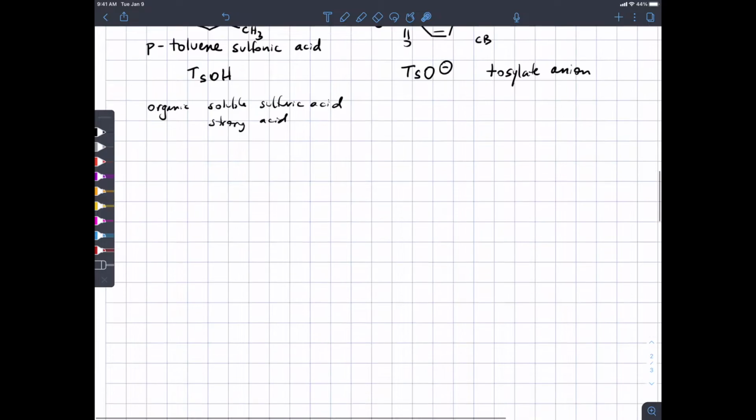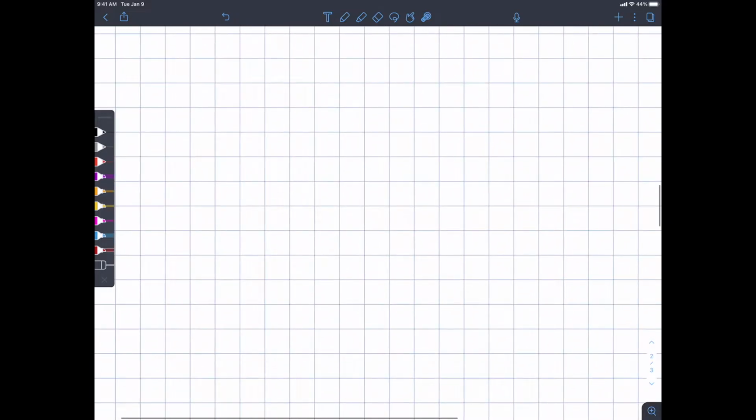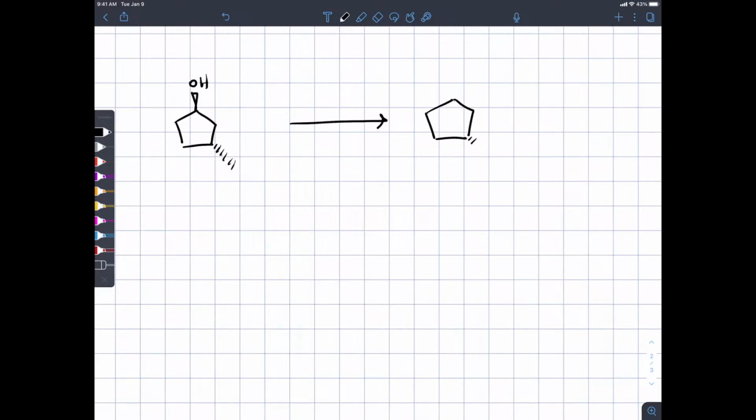So let's think about using these three methods strategically, okay? Suppose I wanted, and I'll use the same example that we just used, the following molecule as a product. What pathway would work?